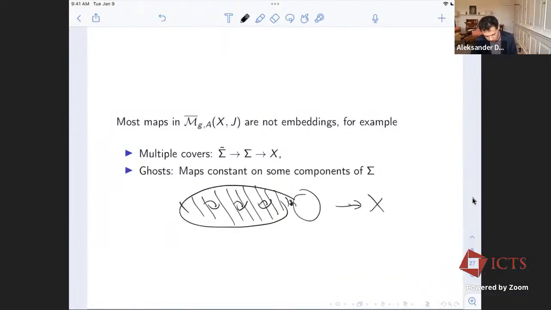Such maps are called ghosts. So now I get a map from a higher genus Riemann surface whose image is a lower genus surface. And again, because I have the freedom of attaching this point and of choosing the complex structure on this Riemann surface, I get a large dimensional chunk of the moduli space, which definitely does not consist of embeddings. And all of these that I'm describing have a contribution to the Gromov-Witten invariant. So definitely the Gromov-Witten invariant is not just the count of embedded curves.